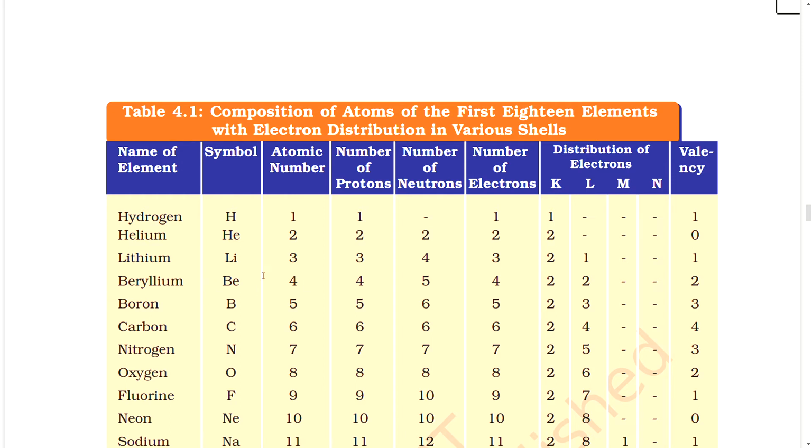Lithium, Li, 3, 3, 4, 3, 2 1, valency 1. Beryllium, Be, 4, 4, 5, 4, 2 2, valency 2. Boron, B, 5, 5, 6, 5, 2 3, valency 3. Carbon, C, 6, 6, 6, 6, 2 4, valency 4. Nitrogen, N, 7, 7, 7, 7, 2 5, valency 3. Oxygen, O, 8, 8, 8, 8, 2 6, valency 2.